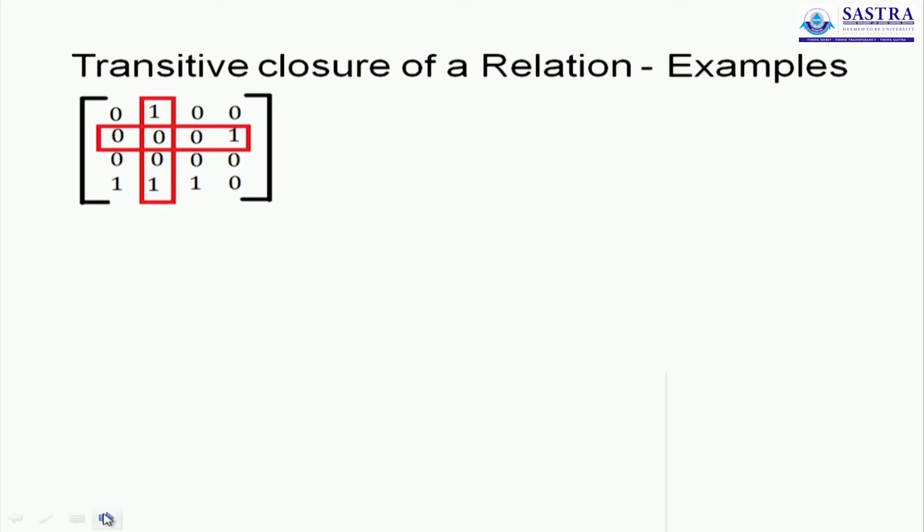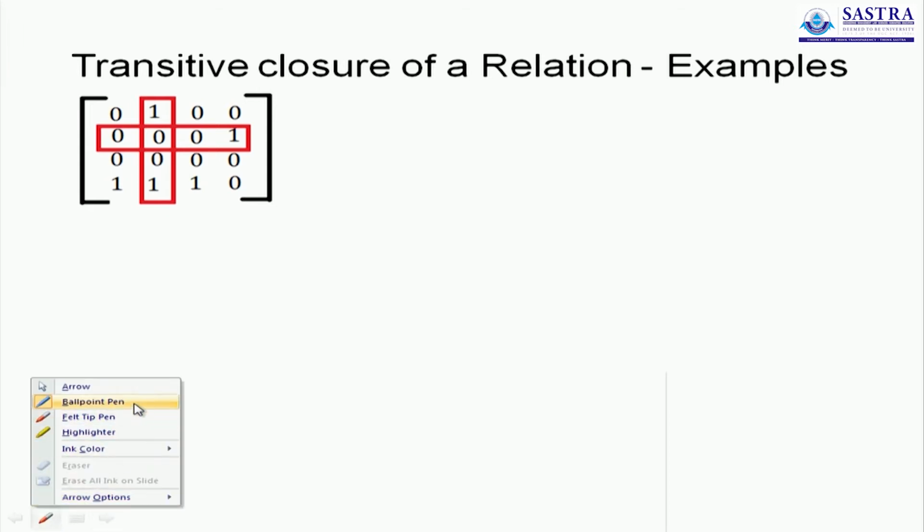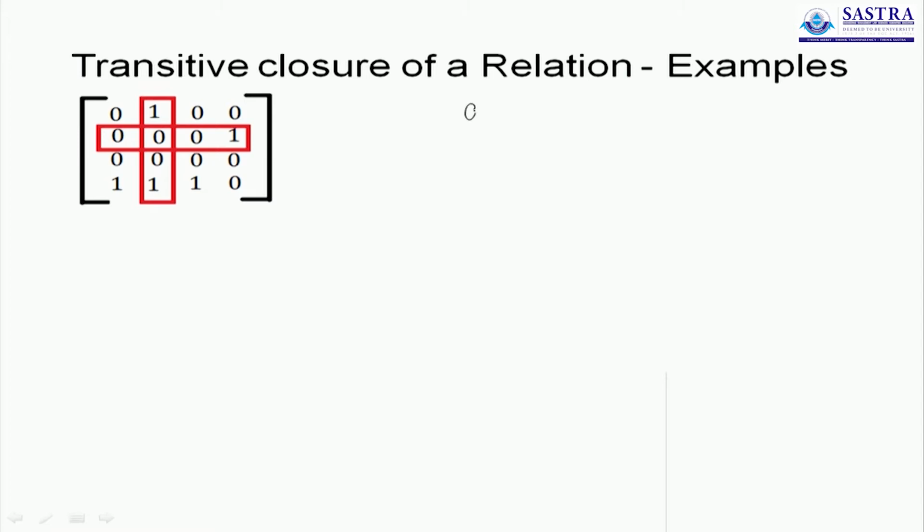There are 3 ones present in the matrix in the highlighted region, and we'll first write down what they are. You have 1 entry in the 2nd row and 4th column, and you have 2 entries in the 2nd column which are A12 and A42.